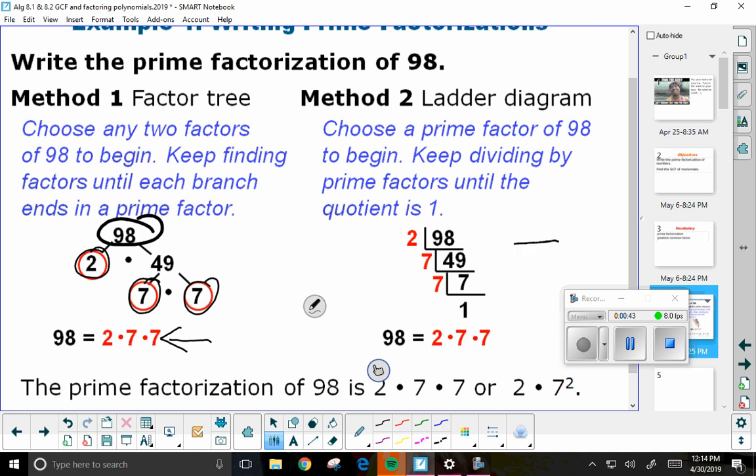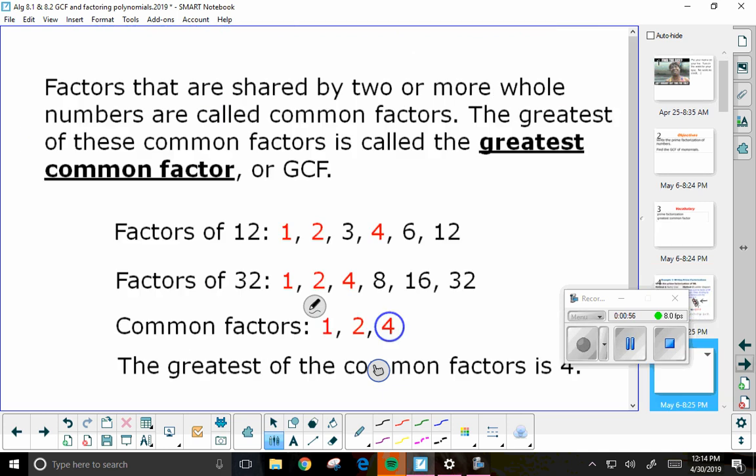Or some of you may have learned the ladder method. That's when you just keep dividing by prime factors, and you end up getting the same answer. We use factor trees or ladder diagrams to get the prime factorization to help us find the greatest common factor of numbers, or the biggest number that will go into both numbers.